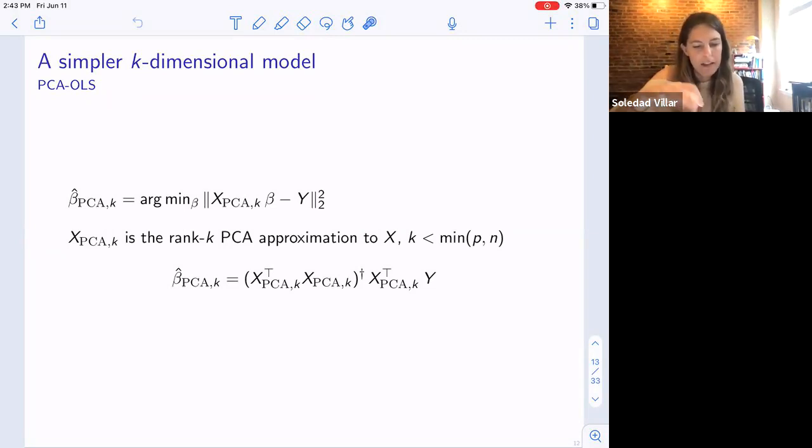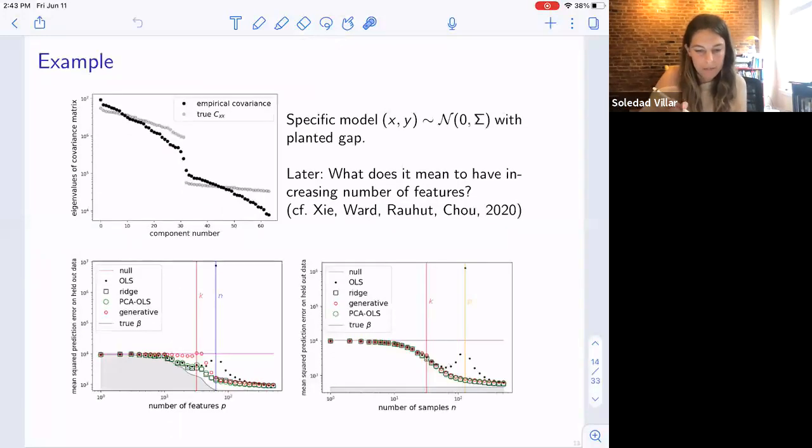So in this slide, I'm describing that I just do PCA on the data and compute ordinary least squares on that. So this is ordinary least squares on the PCA dimension reduction of the data.